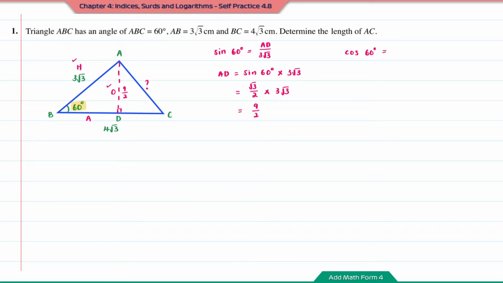The adjacent side here is BD, and the hypotenuse is 3√3. So BD is equal to cos 60 degrees times 3√3. The value of cos 60 is 1 over 2. Multiply this together, and you get 3√3 over 2. That will be the length of BD.